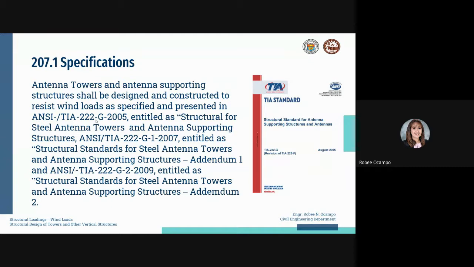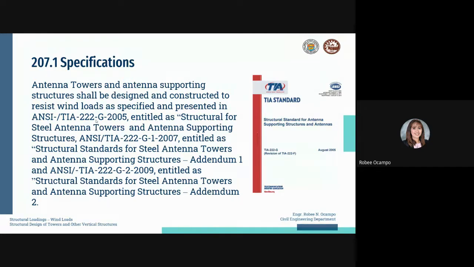So particularly the ANSI/TIA-222-G-1-2005. Okay? Entitled Structural Standard for Steel Antenna Towers and Antenna Supporting Structures. So there is also an addendum for that, the ANSI/TIA-222-G-1-2007, and another addendum, or addendum number 2, the ANSI/TIA-222-G-2-2009.